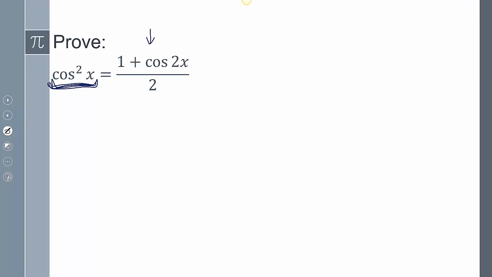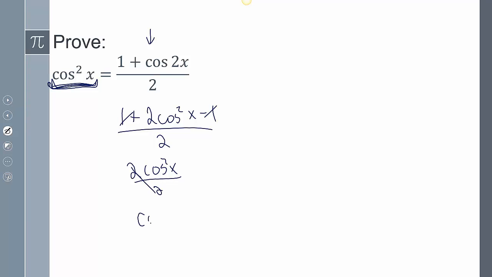I just want to use the one that has cosine. So I can change this into 1 plus 2 cosine squared x minus 1, all over 2. Well, the 1's cancel out, and the 2's cancel out. There's my answer.